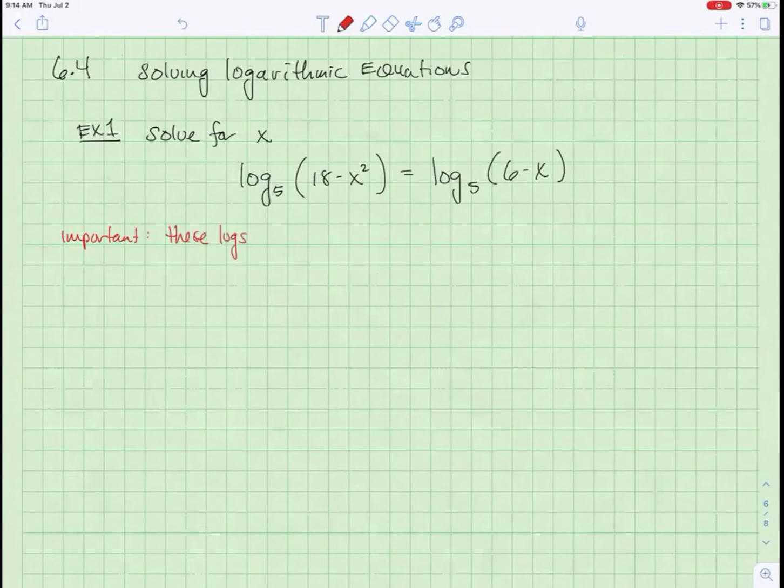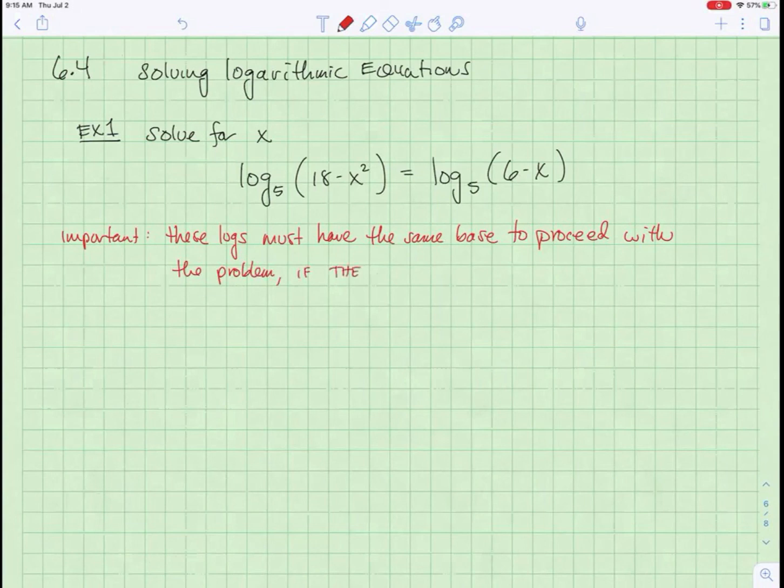These logs must have the same base to proceed with the problem.